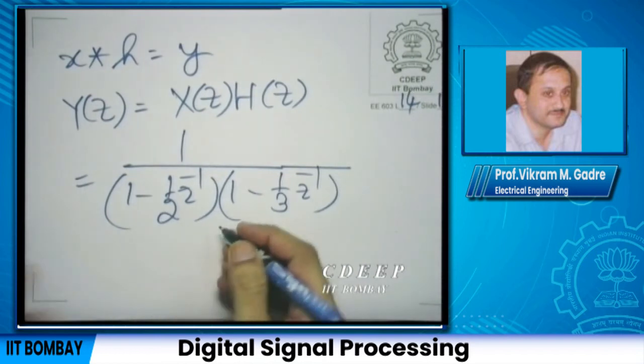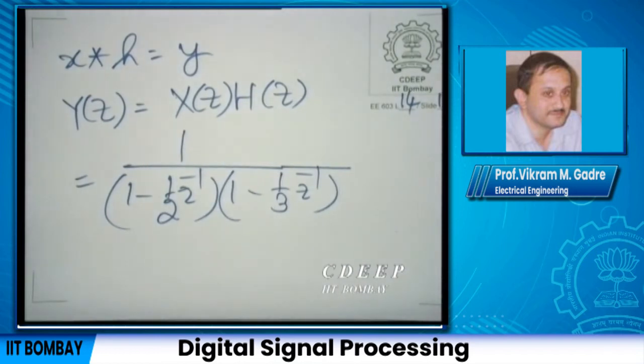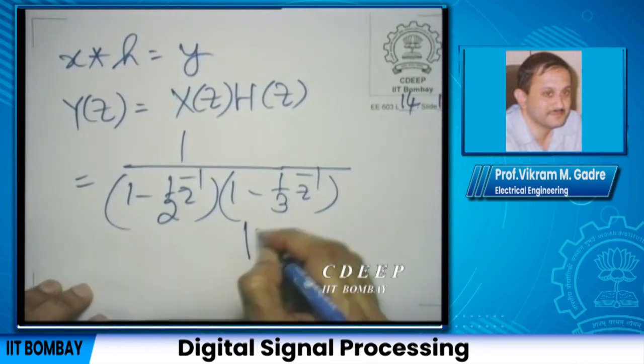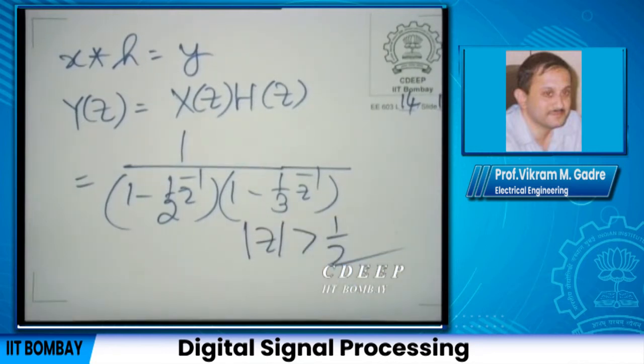And of course, now the region of convergence is indeed the intersection of the two regions of convergence. So, mod z must be greater than half, mod z must be greater than 1/3. So, in total mod z must be greater than half, because that is the intersection.